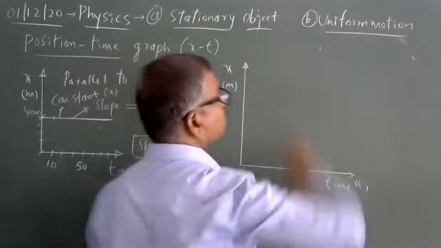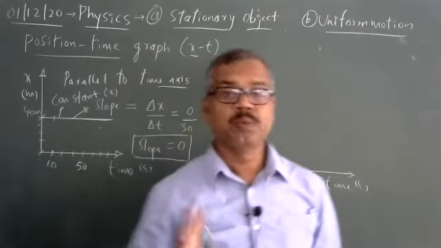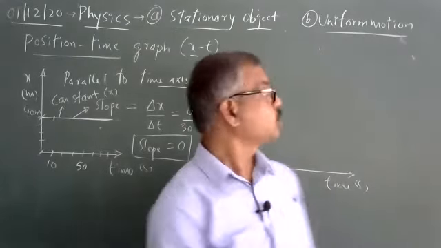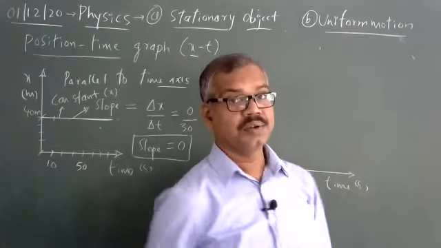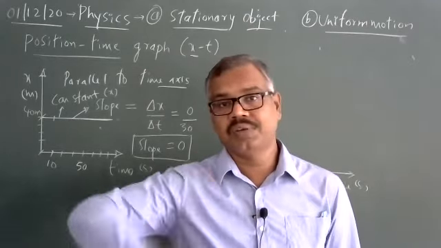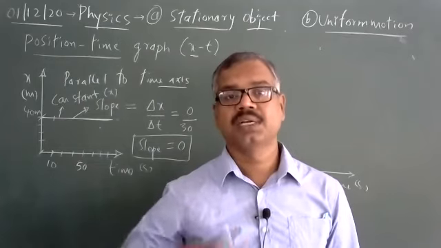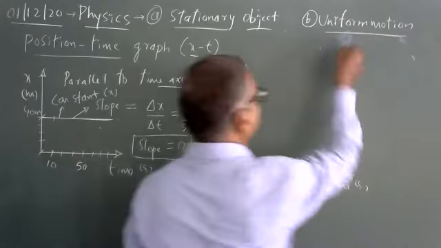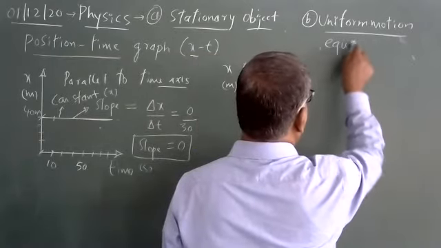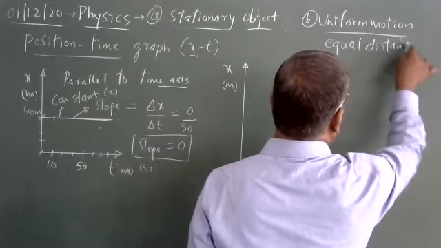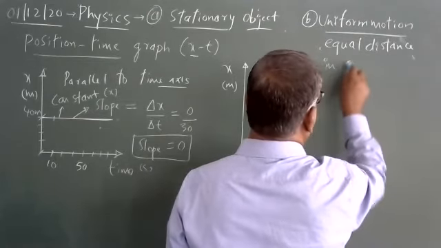Now, what is uniform motion? Do remember, motion is a change in the position of an object with time. So I have written uniform motion. What is uniform? It means equal distances in equal intervals of time. If an object covers equal distances in equal intervals of time, I will be writing here equal distance in equal time intervals.